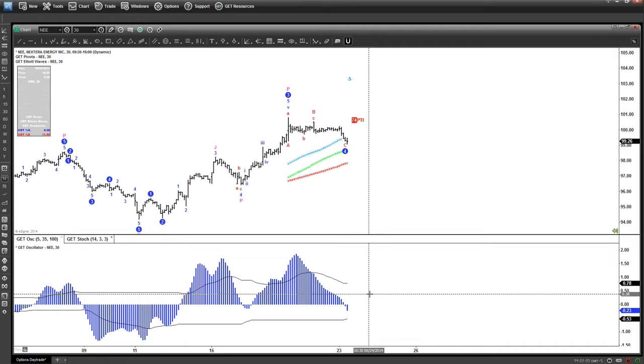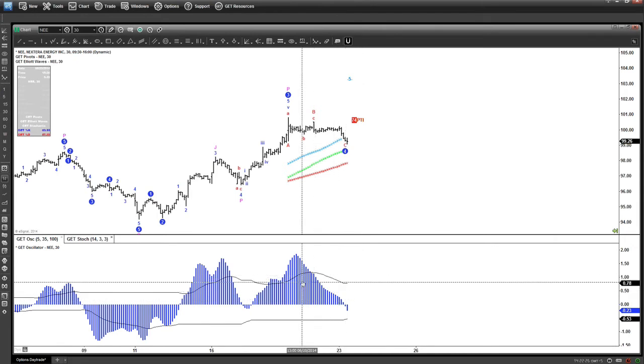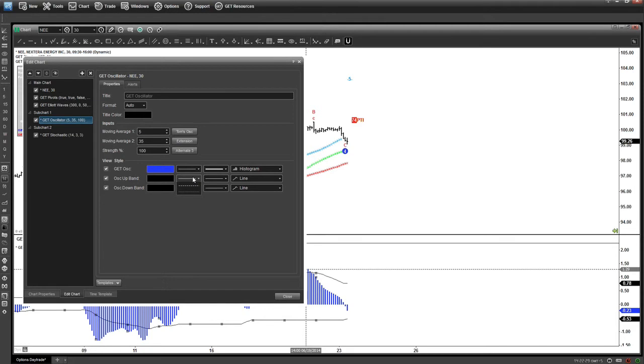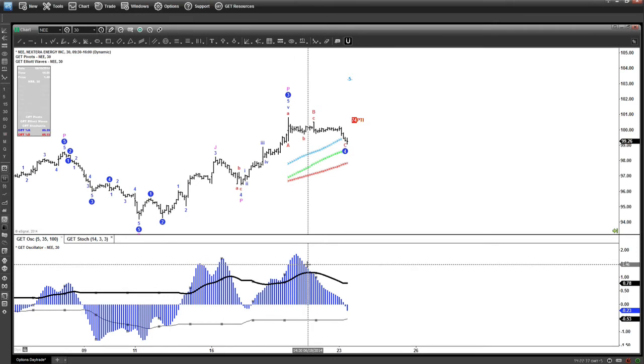So when I start seeing wave sequences like wave 3s form, I want an indicator that lets me know that, hey, this market is strong. The oscillator does it. Now let me do this real quick on the oscillator. I'm going to thicken that band up on top so it's easier to see. That black band that I just thickened up, this is a breakout band. Okay? The breakout band is essentially moving average based, and what that breakout band will do is it gives us a level of strength.